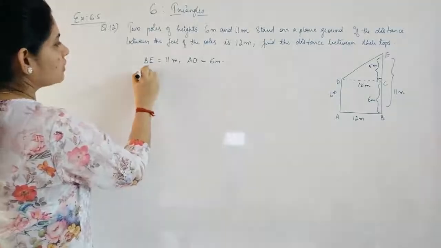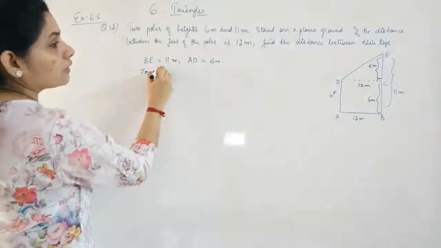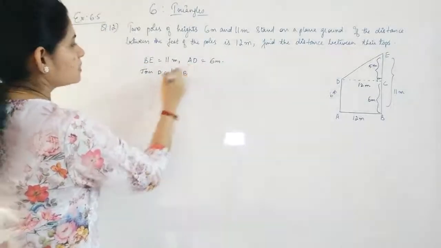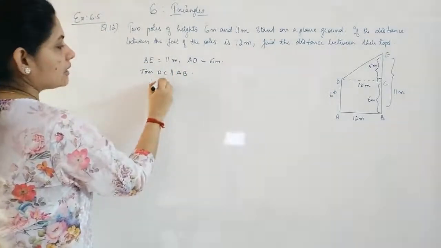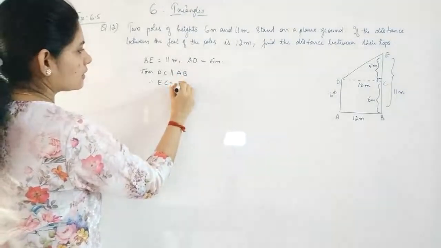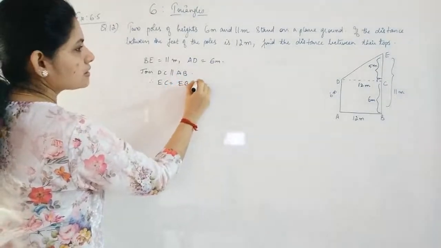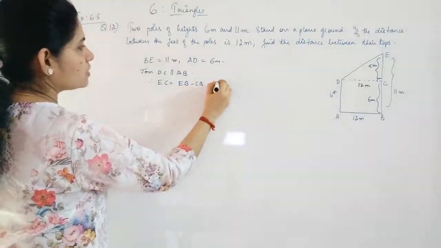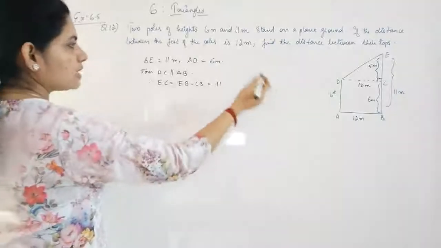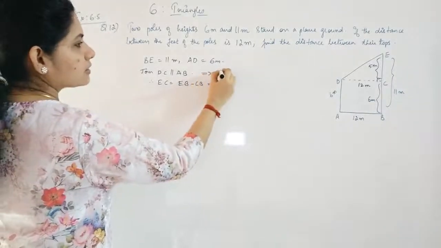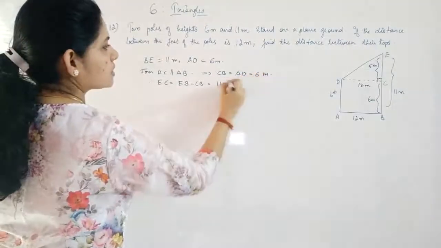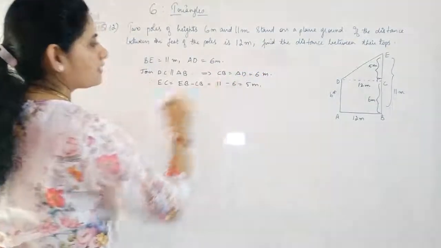Therefore, joining DC parallel to AB, you will get EC is equal to EB minus CB, which is 11 minus CB. Again, CB will be the same as AD, which is equal to 6 meter. So you will get EC as 5 meter.